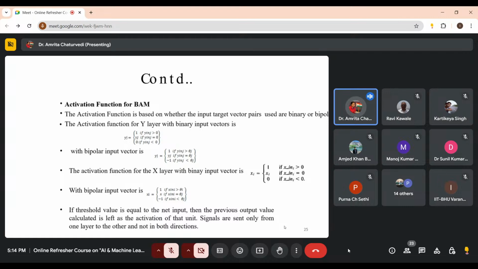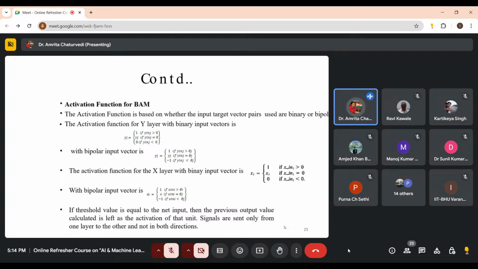However, for bipolar data, you have yj equal to 1 if y_inj is greater than theta, yj unchanged if y_inj is equal to theta, and minus 1 if y_inj is less than theta. So the activation function for the X layer, that is your input layer, with binary input vector is 1 if x_ini is greater than 0. It is xi if x_ini is equal to 0, and 0 if x_ini is less than 0.